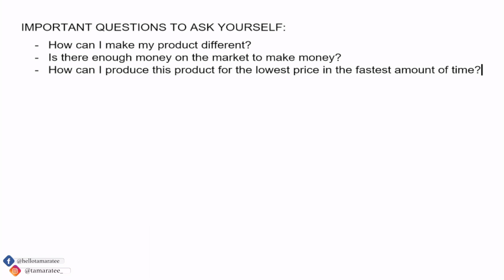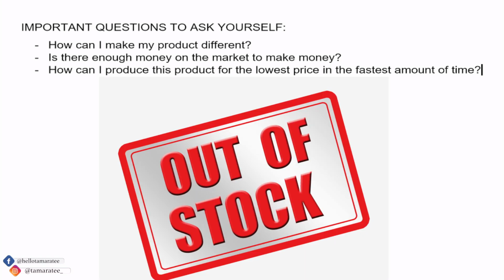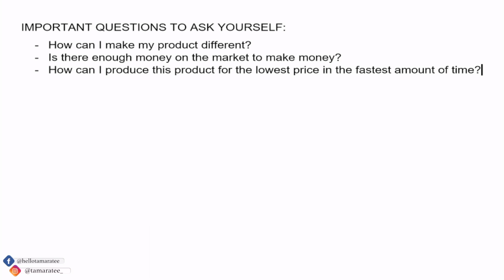This always happens to a lot of people that I coach. Their products take off, they are now out of stock, but their supplier cannot meet the deadline to restock their inventory, and they have to do a complete launch all over again when their inventory goes back into stock. That is a good problem to have, but a very frustrating problem to have. I don't want that for you.